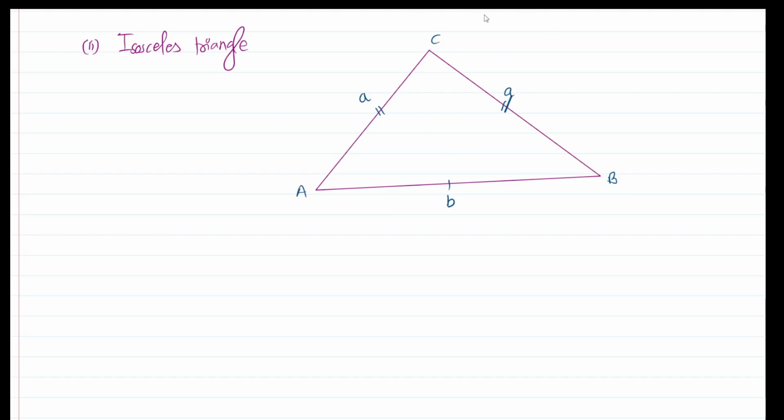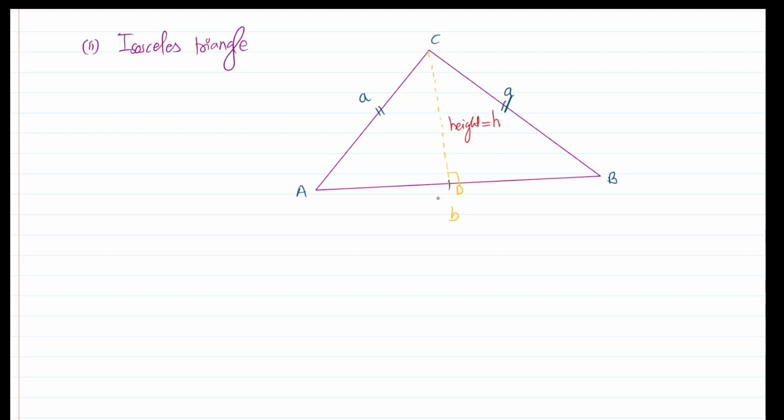That is, if I draw a perpendicular from vertex C at point D, and AB has a length B, this is the height.